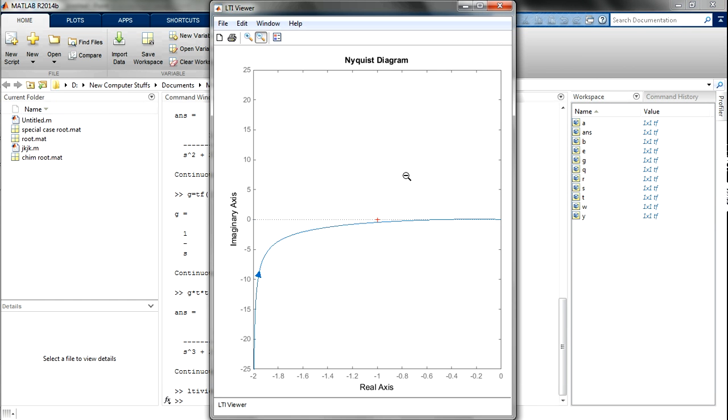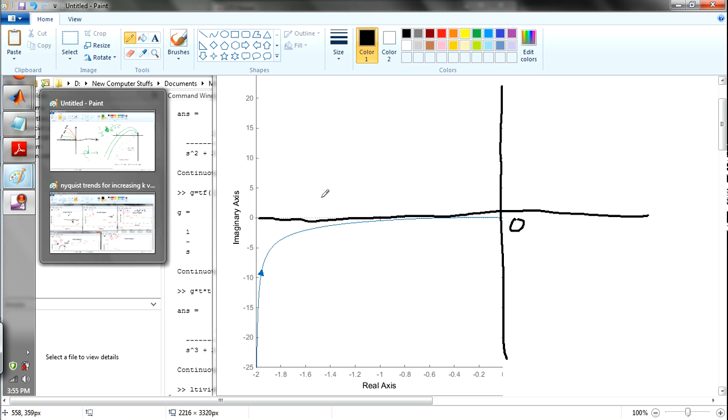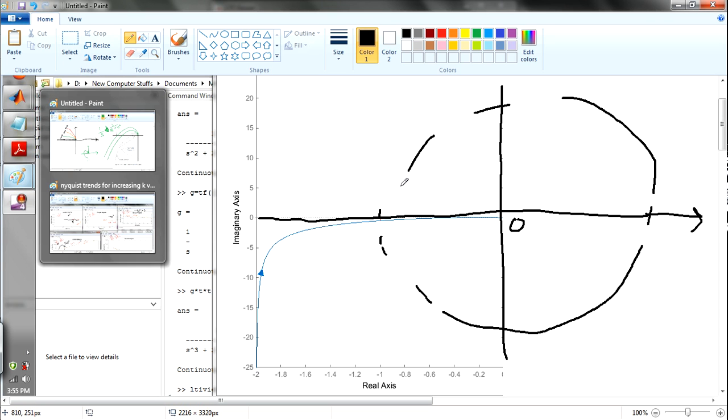So instead of ending at this third quadrant, because it's 0, this is actually the whole axis, and this is the minus 1 radius. So in this case, we are unstable at this point.